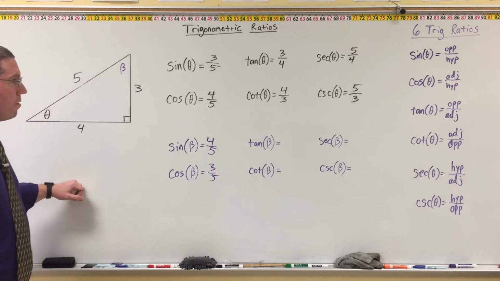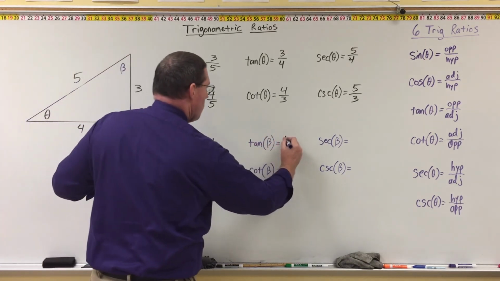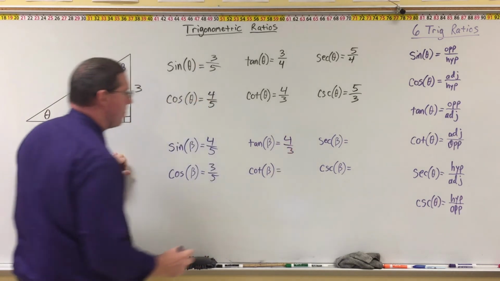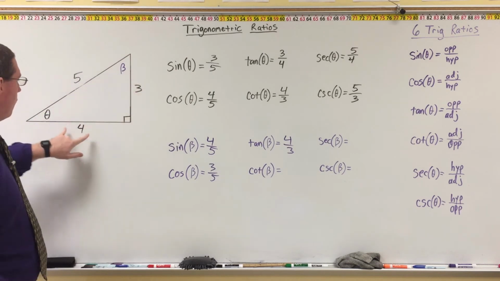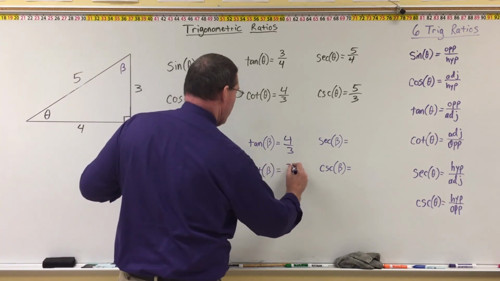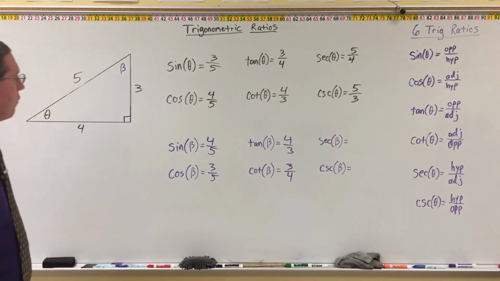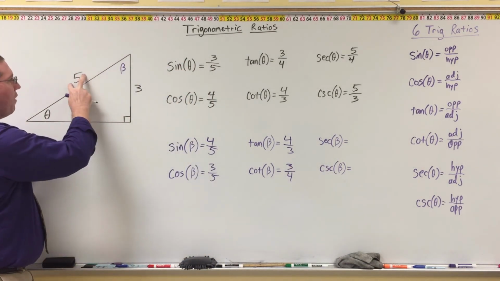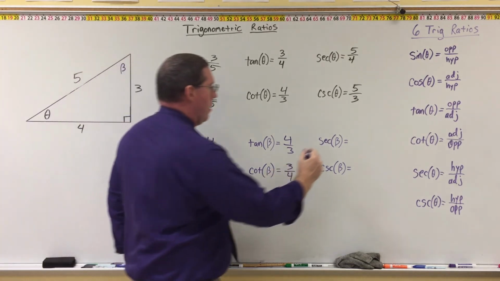Tangent is opposite over adjacent, so that's 4 over 3. Cotangent is adjacent over opposite, that's 3 over 4. Secant is hypotenuse over adjacent. Hypotenuse is 5, adjacent to beta is 3, so 5 over 3.